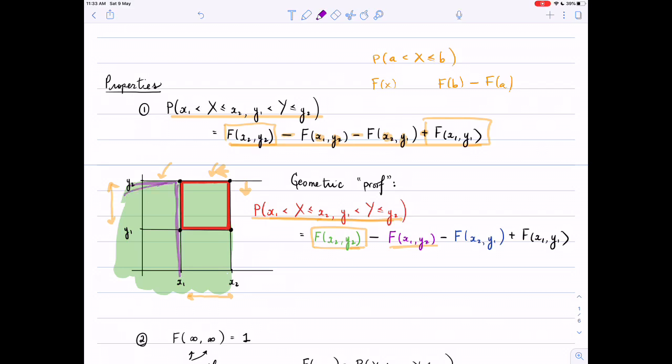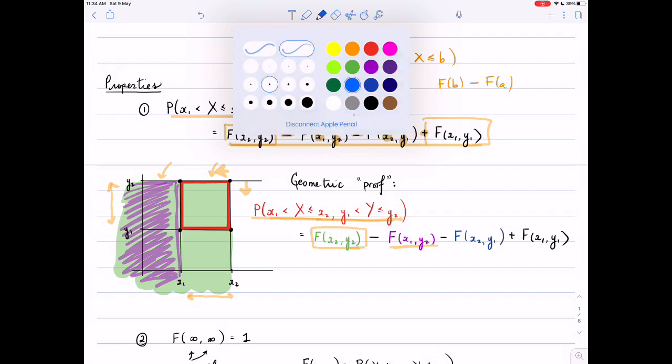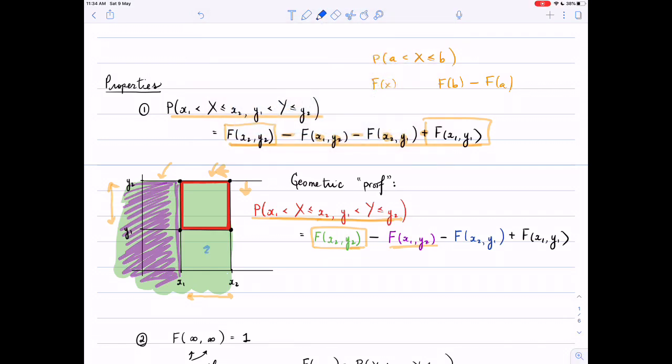So I'm subtracting off all of this. That's good, I've gotten rid of a lot of it, but not all of it. I also need to subtract off this region, don't I? And to subtract off that region, I need to subtract what is to the left of x2 and below y1. If I subtract that off, then I've subtracted everything I need to subtract.